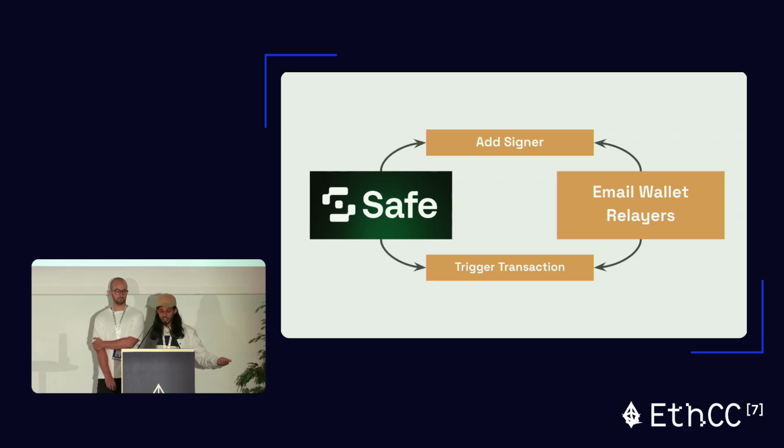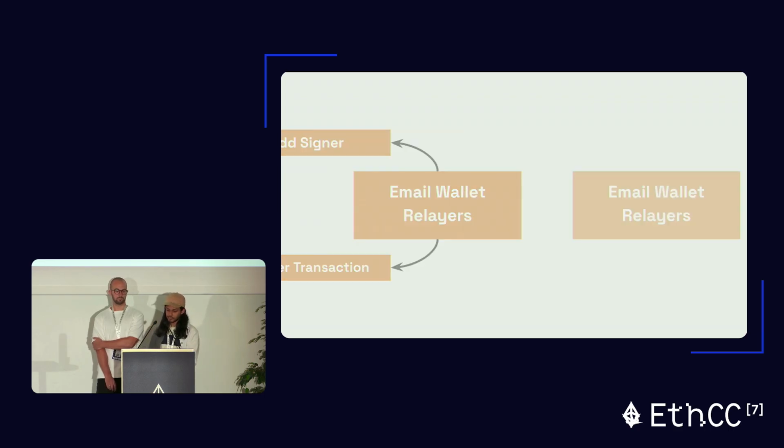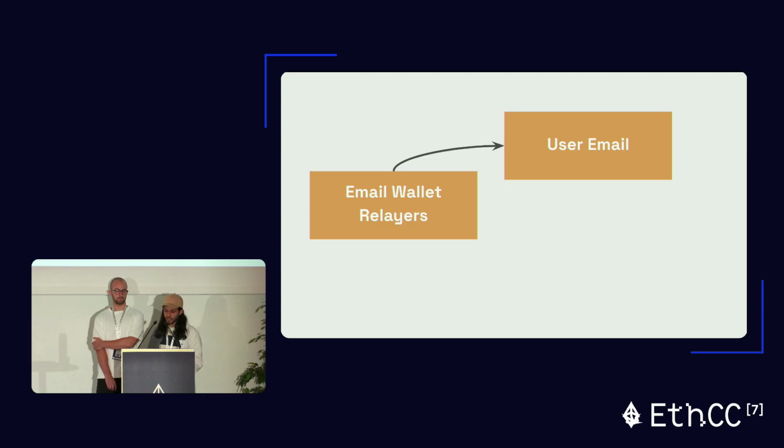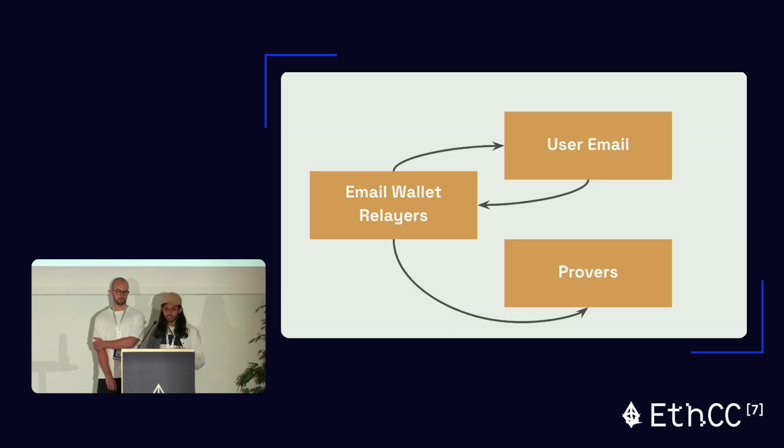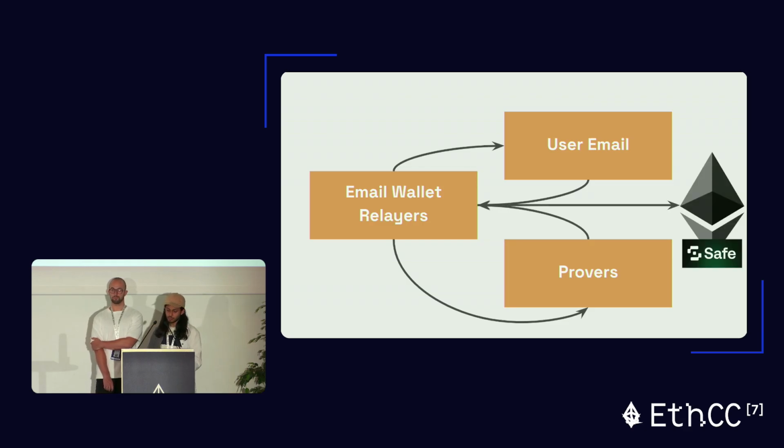So now, every time they see a transaction that's pending on Knows This Safe, they detect that, and subsequently, they can send a user the email to confirm that. Once the user replies, the email wallet sends that to approver, which currently is running on the email wallet relayer.